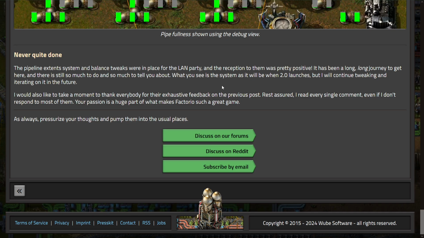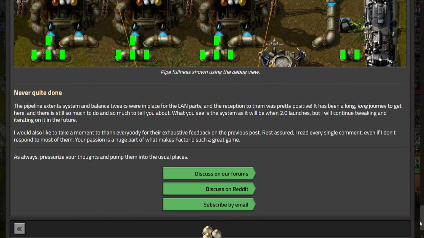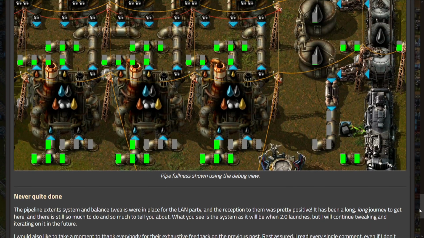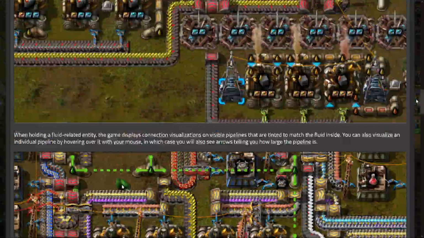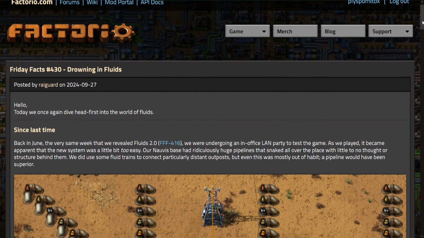So yeah, I really like the dedication of the developers and how much they listen to the community, and that they're also not shy to just admit that the solution the community suggested is better, as it happened with the stack inserter and the bulk inserter.